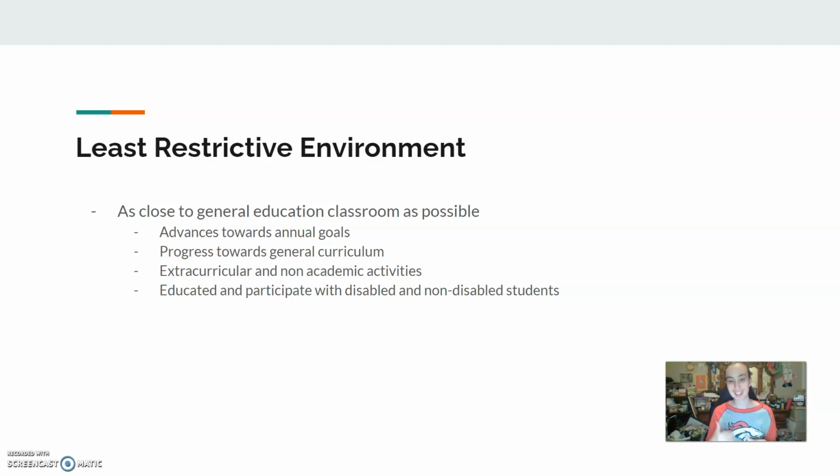Even if that student is not in the general ed classroom for social studies, that student should be allowed to go on the field trip. The exception to that is if a parent says, no, I don't want my student going, or no, I don't feel like that is feasible for my child. If it's feasible for the child to go, they need to be going.